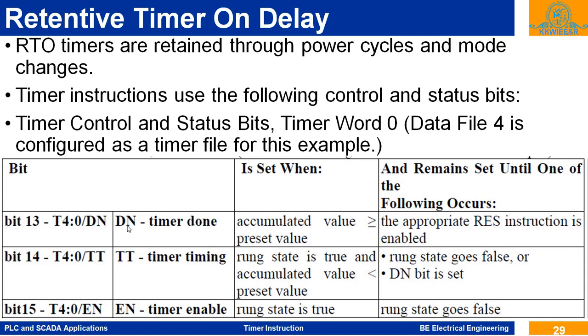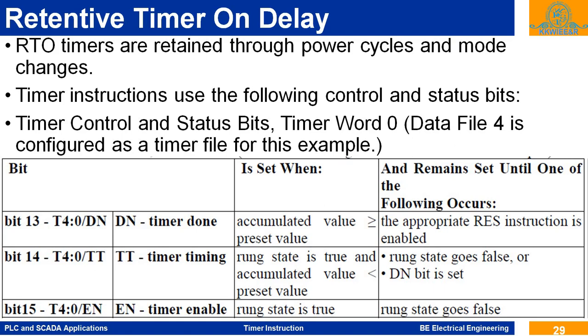Now we see how the done bit, TT bit and enable bit are set or reset. Okay, enable bit: rung state true, enable bit is true; rung state goes false, enable bit goes false. Done bit: when the accumulated value is equal to the preset value, meaning 10 hours of working per day.